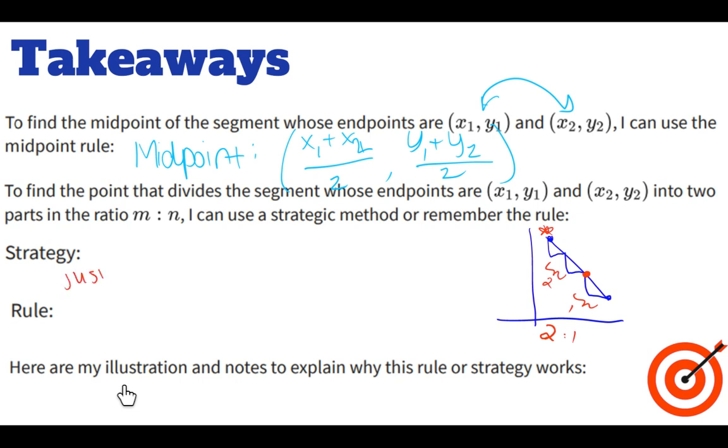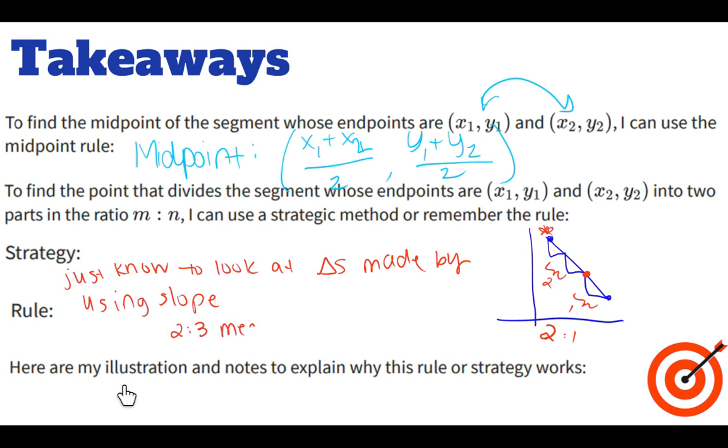Essentially, we just need to look at our triangles made by using our slope. And then, for an example, 2 to 3 means 2 triangles on one side of our point and 3 triangles on the other.